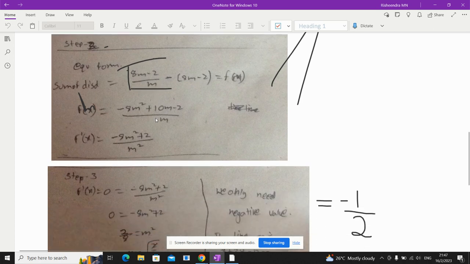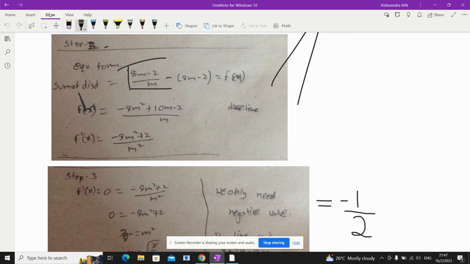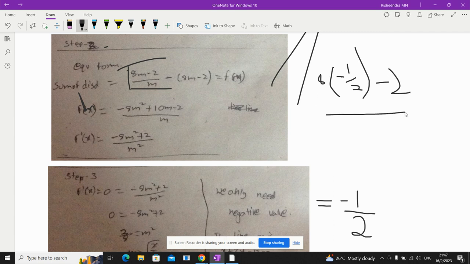Let's substitute it. 8 into minus 1 by 2, minus 2 over minus 1 by 2.